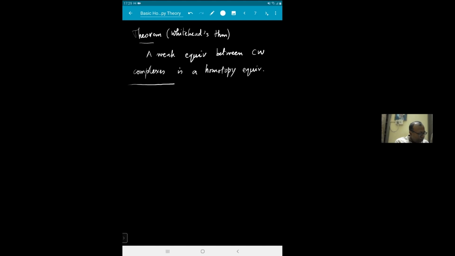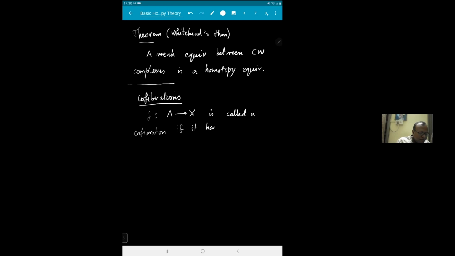Right. So the next thing I want to say is, what are cofibrations? Okay, so a map f from A to X is called a cofibration if it has the homotopy extension property.